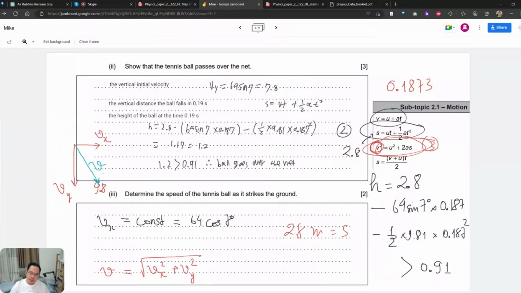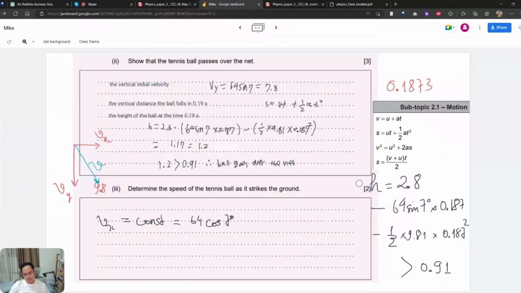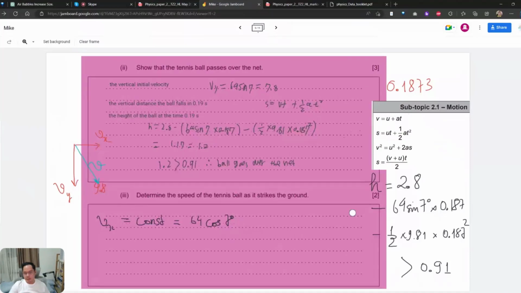You use the third formula to calculate the Vy. The x is constant.